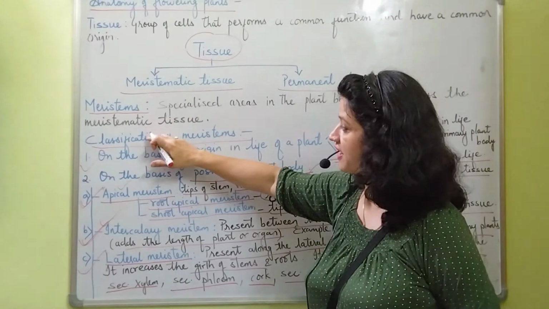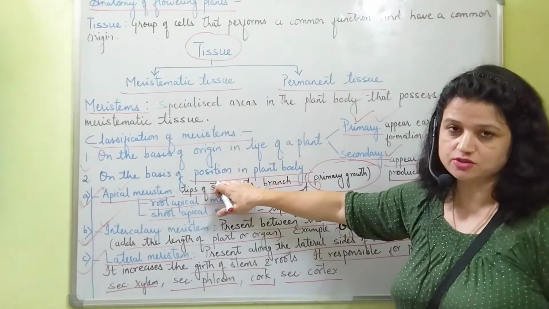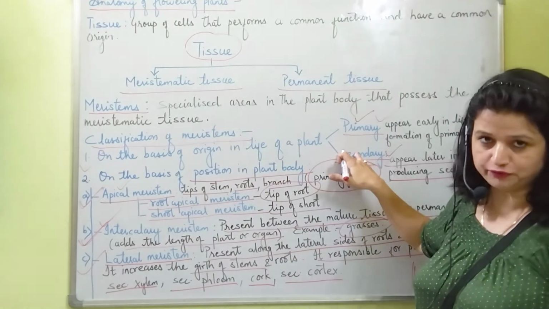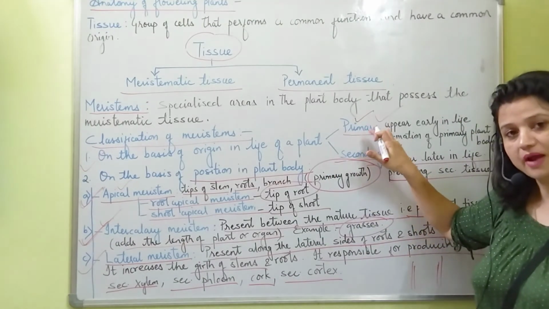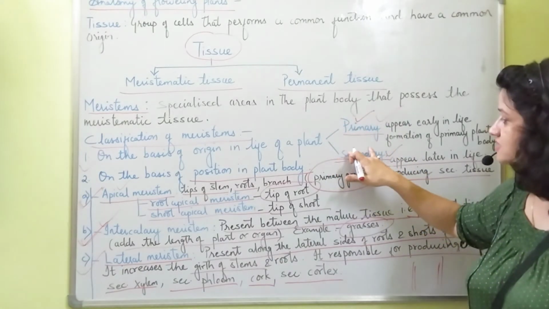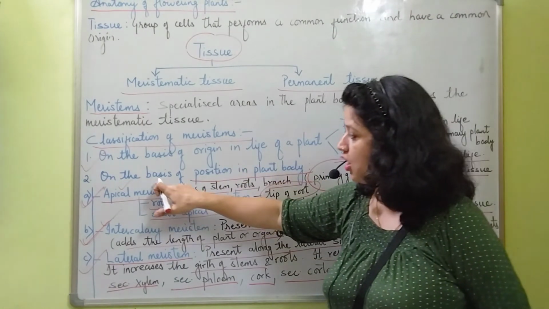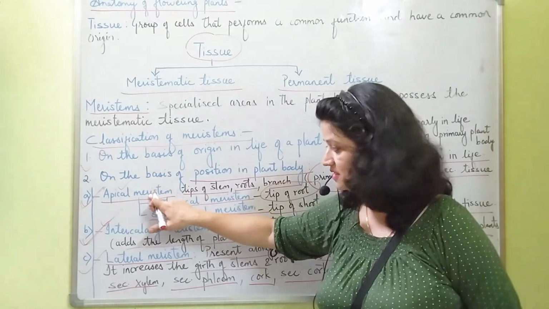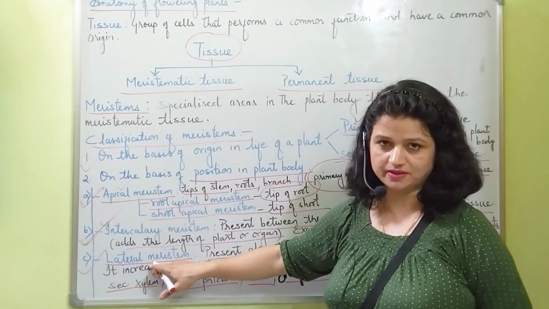Meristems can be classified on the basis of their origin and on the basis of their position. On the basis of origin, the meristems are of two types: primary meristem and secondary meristem. Primary meristems appear early in life, and secondary meristems appear later in life. On the basis of position, the meristems are of three types: apical meristem, intercalary meristem and lateral meristem.